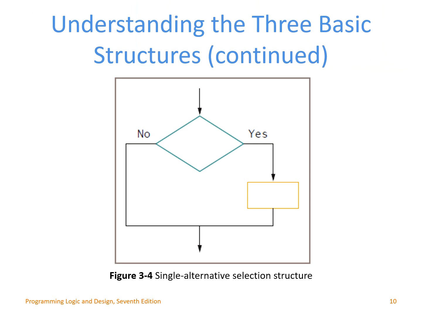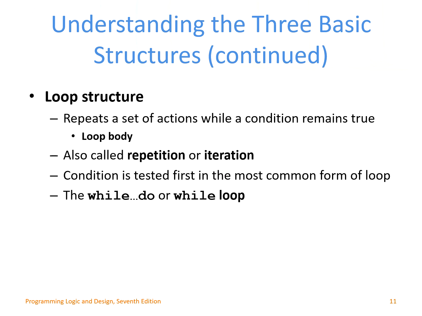And for figure 3-4, single alternative selection structure, a visual representation is provided. If a certain condition is no, then it will loop. Then if yes, it will go here in the rectangle.